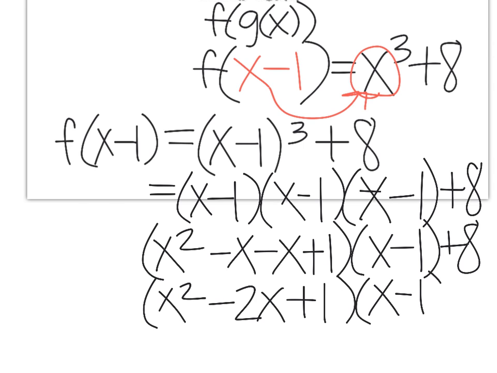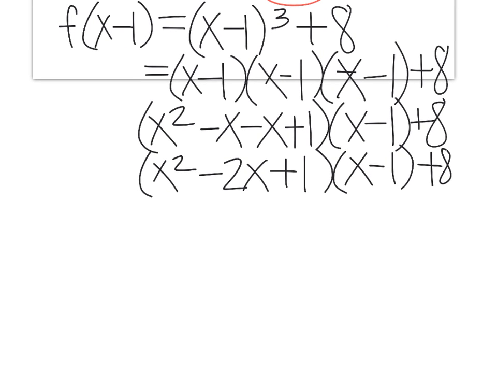Copy the rest of the equation. Now let's move this forward so we have enough room. Then we want to multiply this times every term, x times every term in the first trinomial.